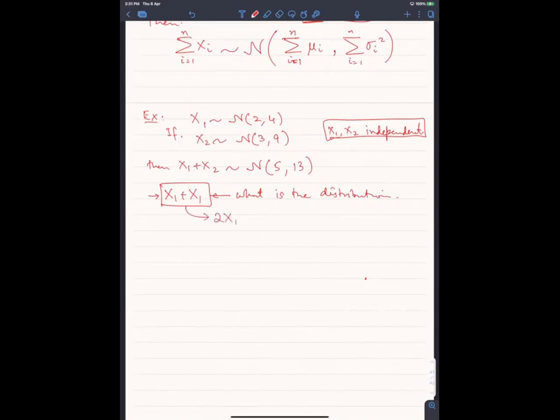Now we know that the expected value of 2x1 would be equal to 2 times the expected value of x1, which is fine. So for x1 plus x1, this is turning out to be normal with mean 2 times 2 is 4, which is fine. Now, is the variance 4 plus 4? Is the variance 4 plus 4?